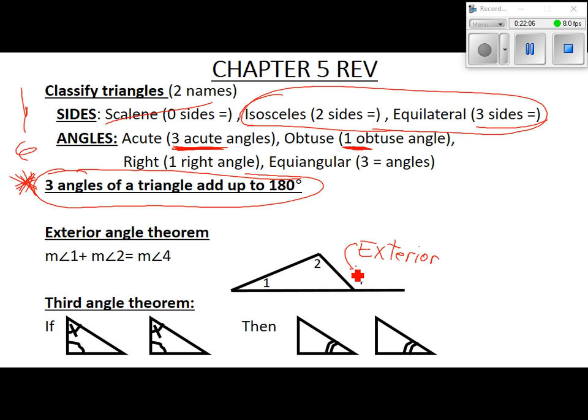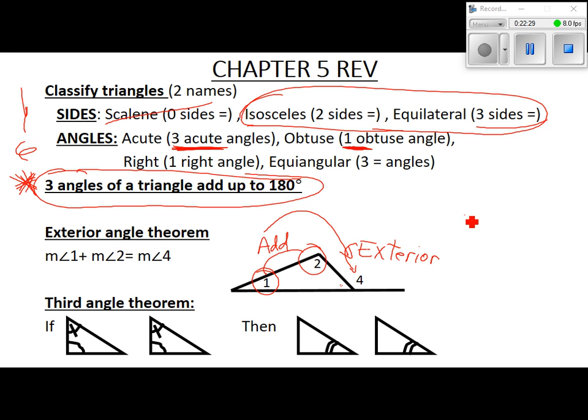So angle 4 is an exterior angle. We had a theorem that said this angle added to that angle, the two non-adjacent interior angles, so the two angles inside the triangle that aren't hooked to the exterior angle, have to add up to equal that angle.